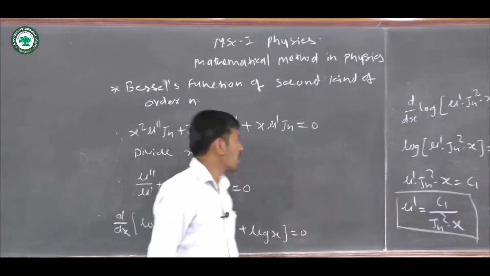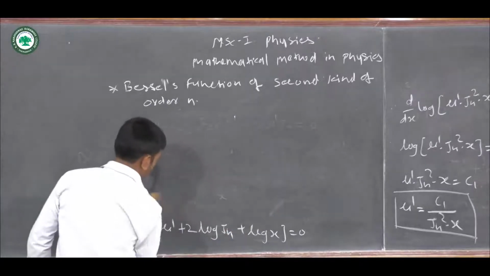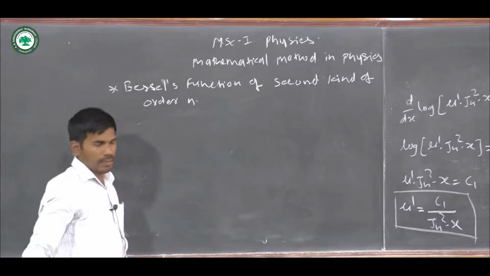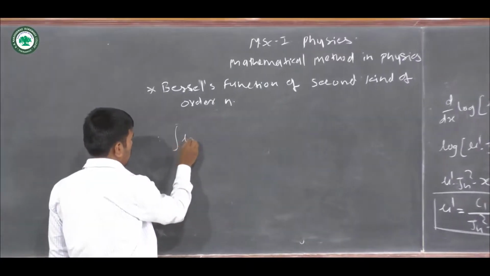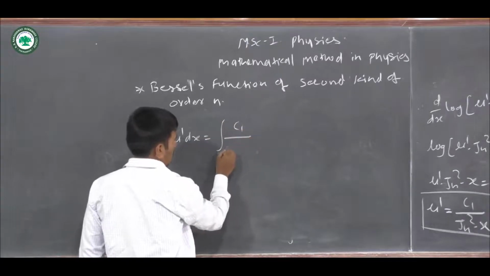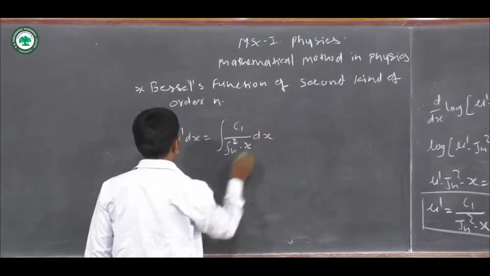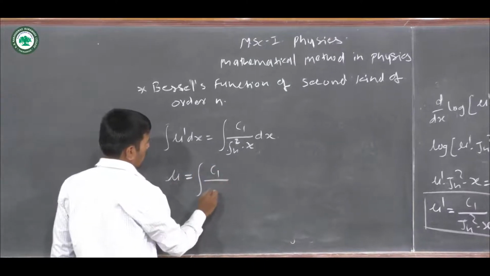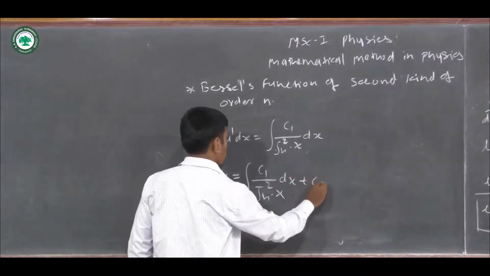So again, if I integrate this, we can find u. Integrating this expression, u' dx is equal to c1 dx divided by J_n² x. So u is equal to the integral of c1 divided by J_n² x dx plus c2.